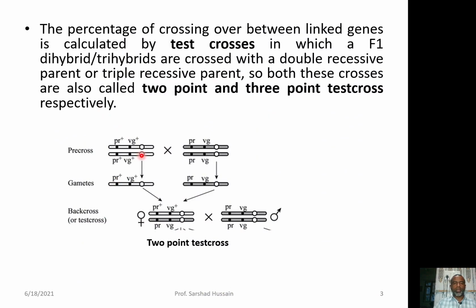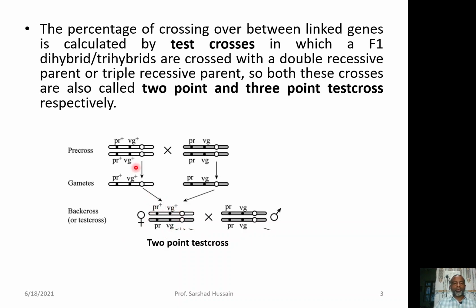And whenever there is a cross, or you want to know where the cross has taken place, the best method is that after crossing the two parents, you may get a hybrid. This is the gamete formation. So, you may get the hybrid, and this hybrid is then test crossed with the recessive parent in order to know what is the genetic combination of the hybrid or the F1.